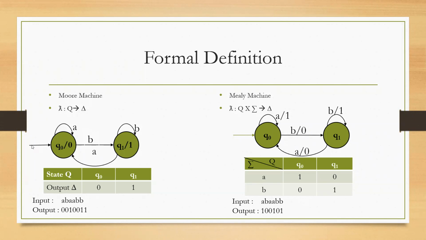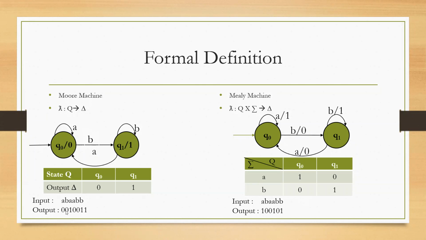Initially you are on state Q0, and in a Moore machine the output generated by the state is not dependent on the input symbol. Once you enter state Q0, whether or not it accepts an input, it will generate output 0. That is the reason you got the first 0 here on Q0. Then it accepted the first input symbol A.